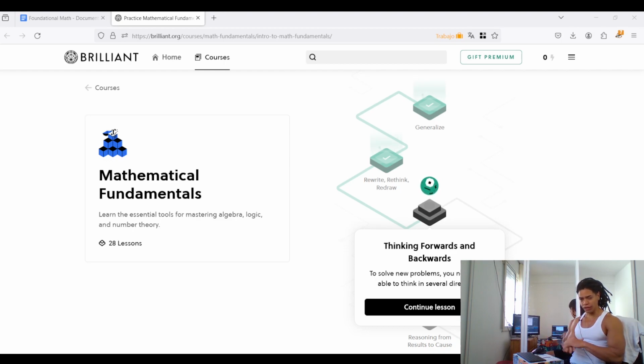So understand these fundamentals as a way to not only describe your thought process, your analytical, your communication, your coding, but also your technical skills, in topics like algebra, so mastering algebra, essential tools, as well as number theory and logic.